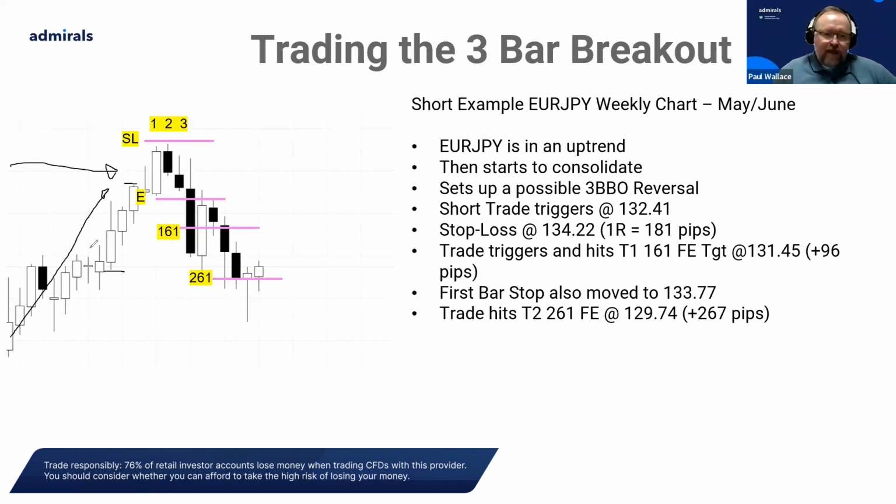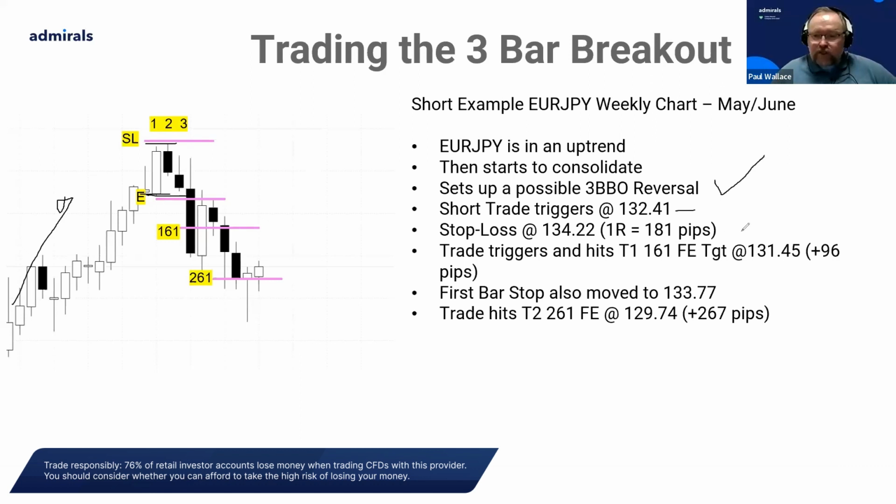So euro yen was in an uptrend. Then we see it starts to consolidate. Once we see it consolidating, we start to get interested and think, hang on a minute, this could be a possible 3-bar breakout reversal. And what we actually get is that the short trade triggers at 132.41.